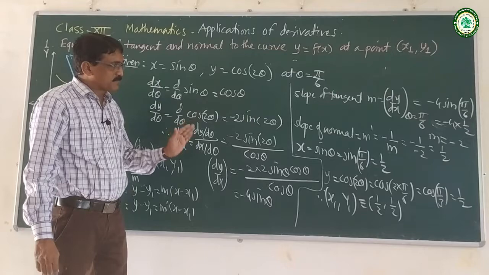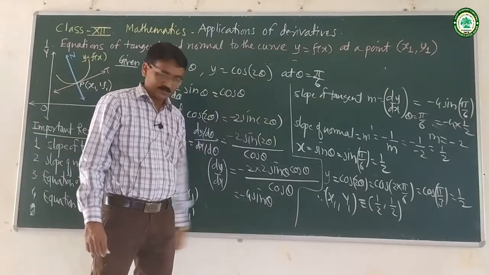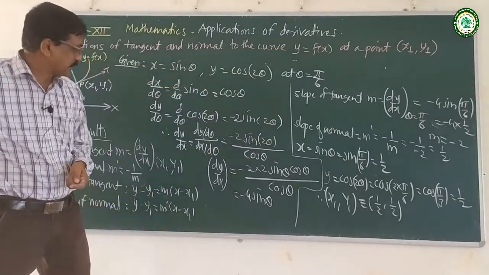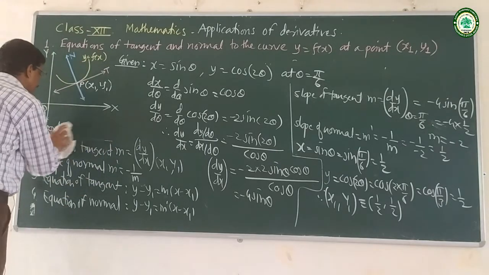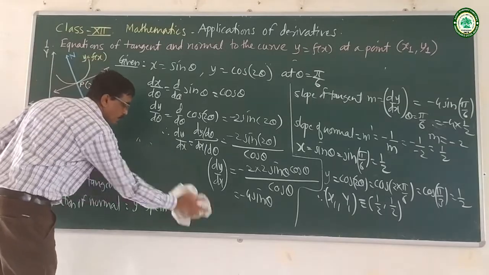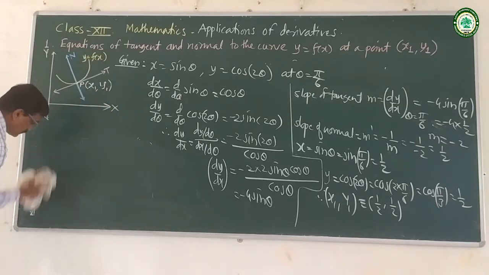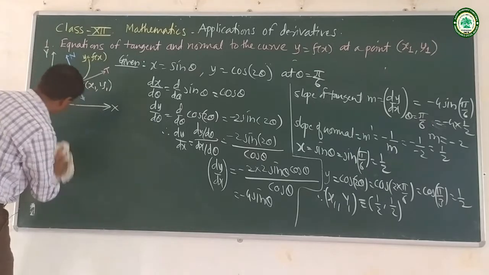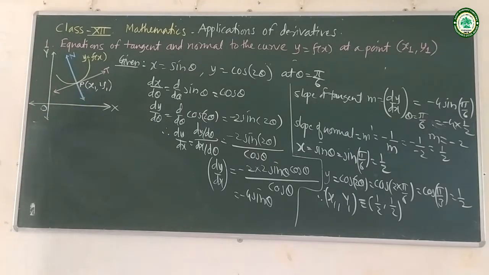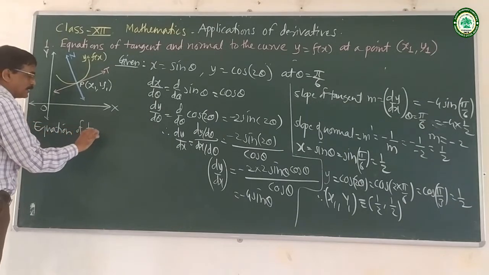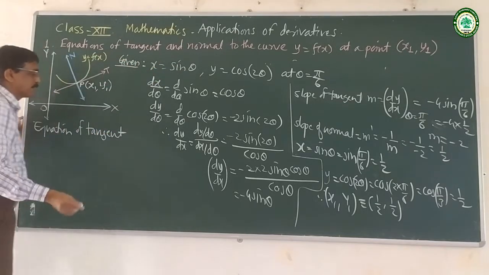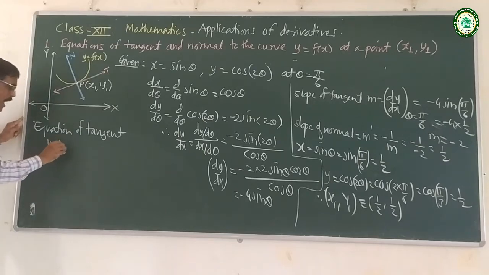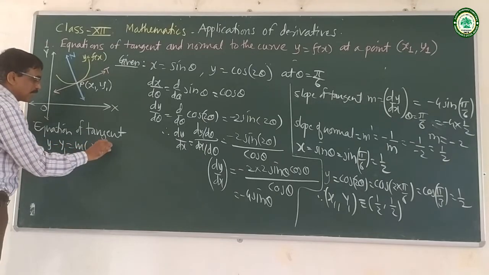Now, let us find the equation of tangent to the curve. The equation of tangent to the curve x equal to sine theta, y equal to cos 2 theta, formula: y minus y1 is equal to m into x minus x1.